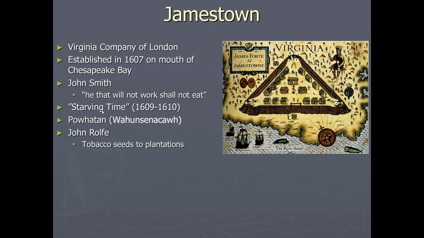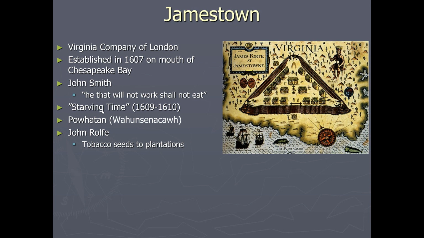They were not doing work to keep up with the colony, and so John Smith took control of Jamestown and instituted the policy of "He that will not work shall not eat." Between 1609 and 1610, they were stricken because of the lack of food, and really half of Jamestown either perished due to starvation or left Jamestown altogether.